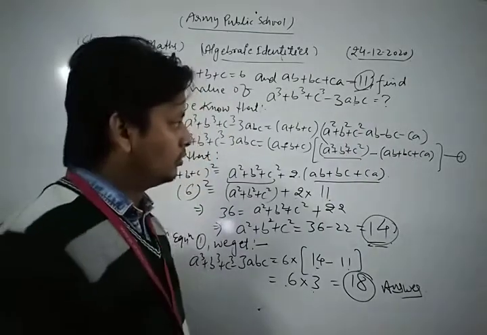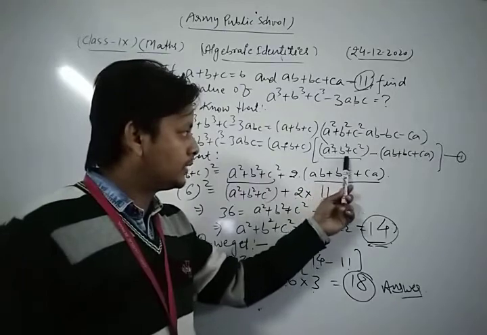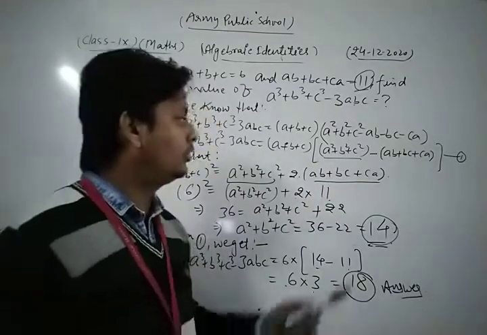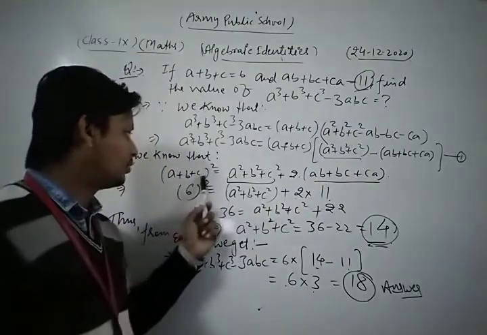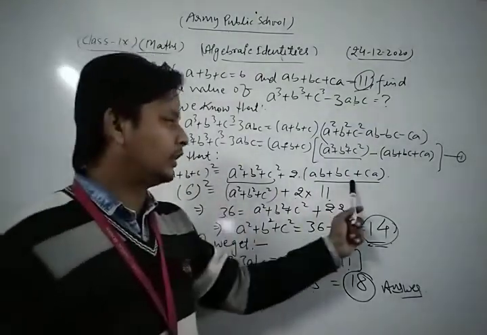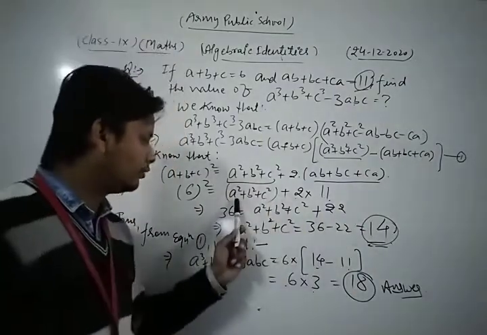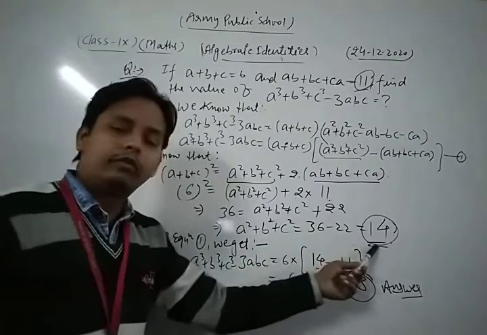Now first of all, we find the value of a square plus b square plus c square. For that we apply the identity a plus b plus c whole square, which is very important. So we write the value of this. From there we find the value of a square plus b square plus c square, which is 14.